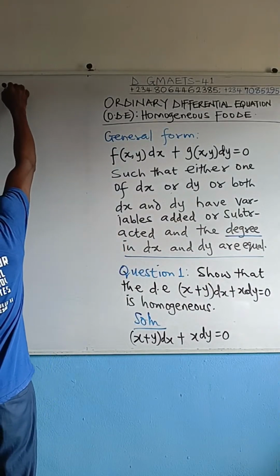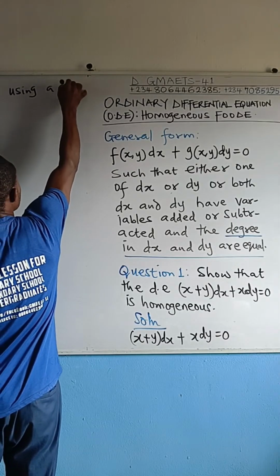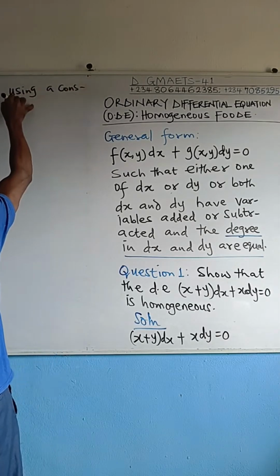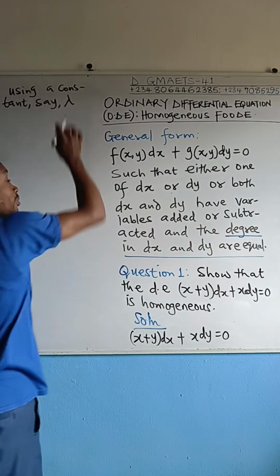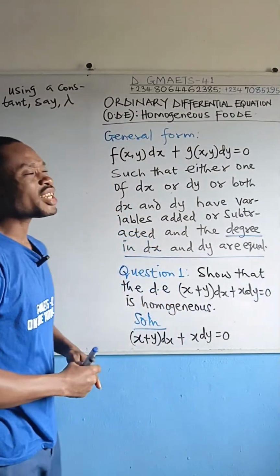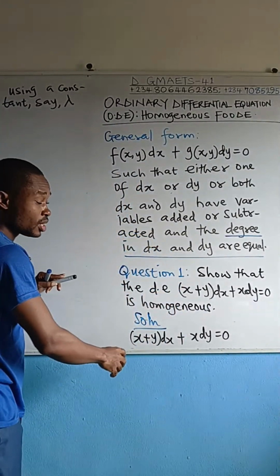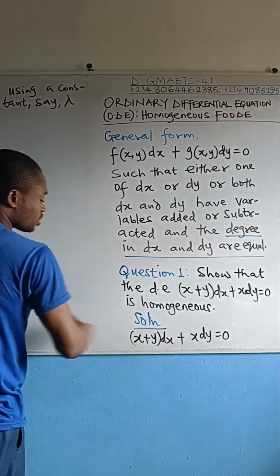We are going to use a constant, say lambda. I am using lambda. We are assuming the constant to be lambda, okay? Now, what are we going to do with the lambda? We shall use the lambda, like I said, to multiply each of the variables. So we come to the dx part.